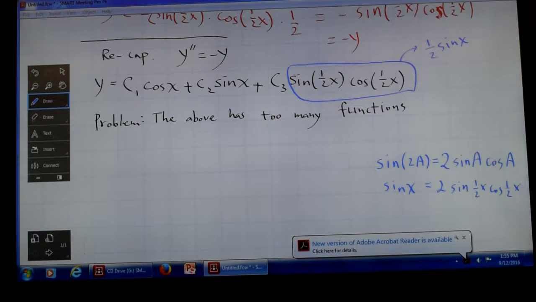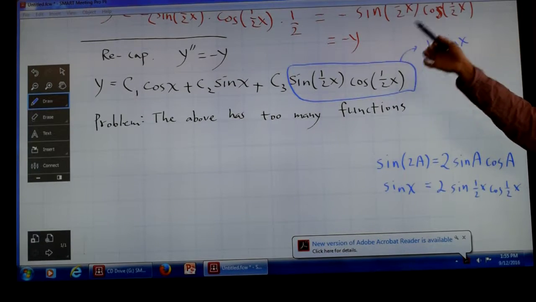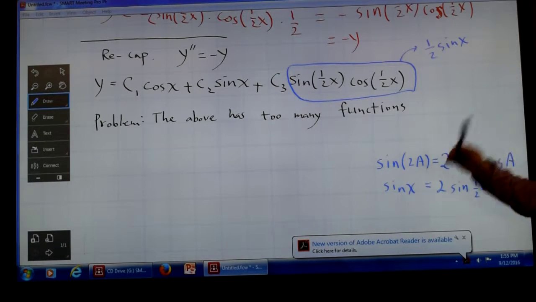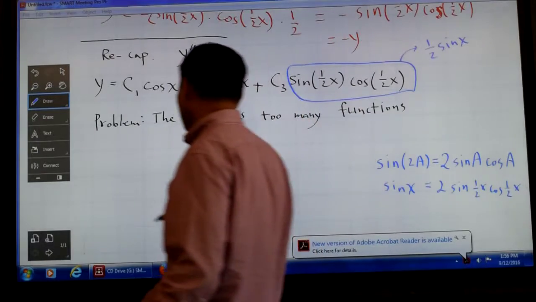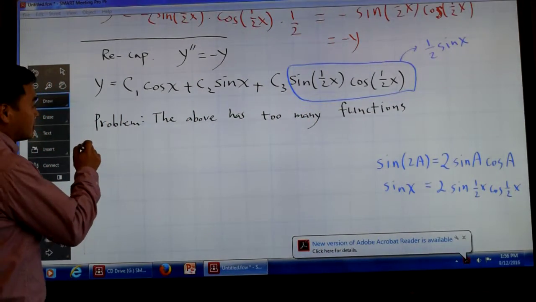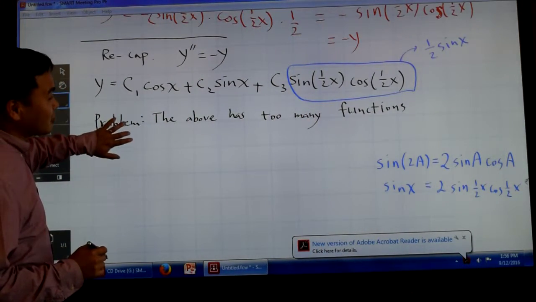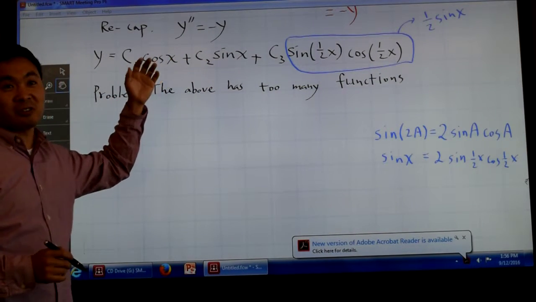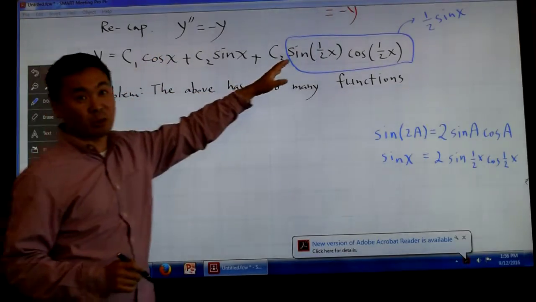So here's the problem in a more general setting. Suppose you have a general homogeneous differential equation and you came up with a bunch of solutions. How do you know if they are totally unrelated from each other? Now, you might say, well, if you have enough solutions, let's just stop here and not worry about the rest.